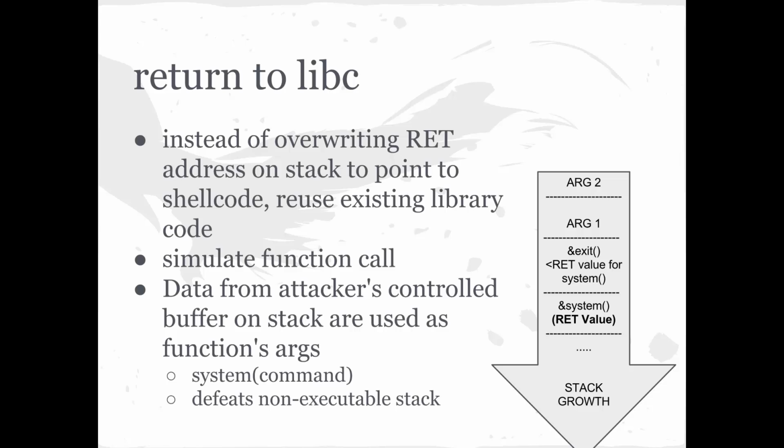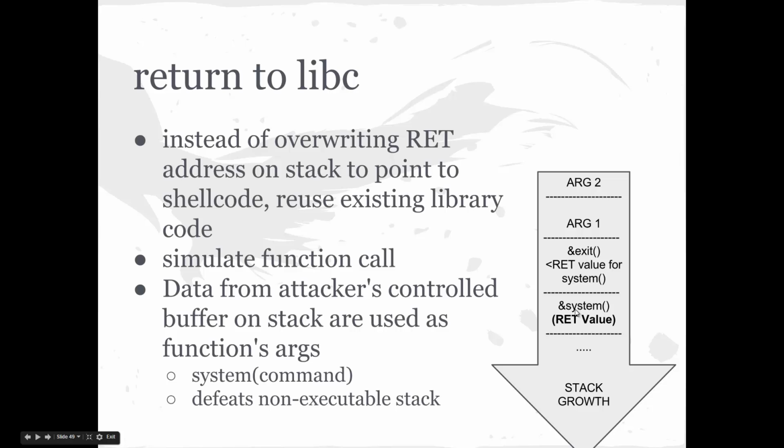Well, we're going to have to be able to set up the arguments for each one. And if we don't clean up the stack and say exit here is the next function, it's going to think that argument 1 is its return address, and then arguments for it are going to start here. So it's going to take argument 2 as its first argument.